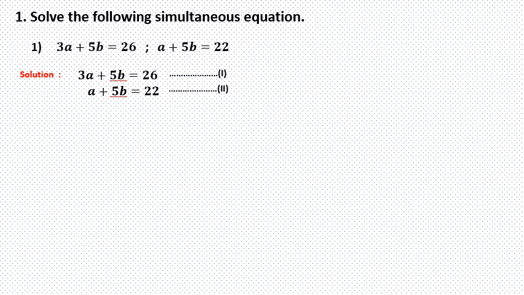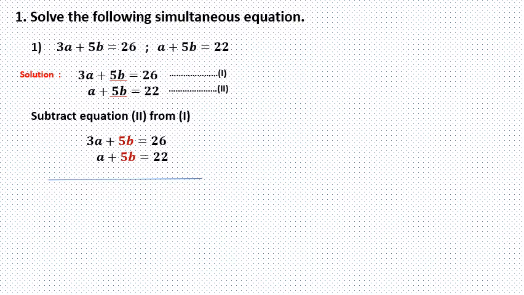So 5b in equation number 1 is positive, and in equation number 2 also 5b is positive. So the sign is the same, and you have to do subtraction. So subtract equation 2 from equation number 1. Write both the equations: 3a plus 5b equals 26, a plus 5b equals 22.